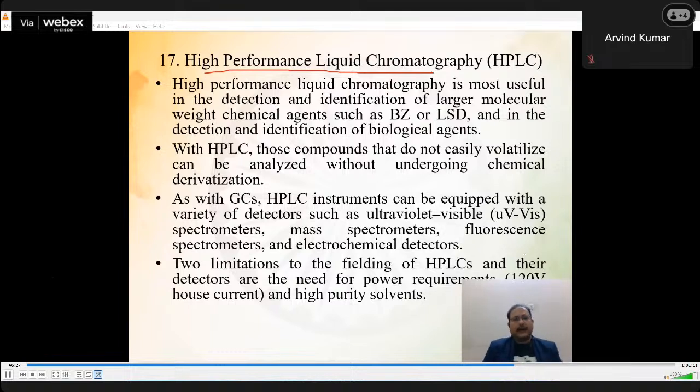With high performance liquid chromatography, those compounds that are not easily volatile can be analyzed without undergoing chemical derivatization. Like gas chromatographs, HPLC instruments can be equipped with a variety of detectors such as ultraviolet visible spectrometers, mass spectrometers, fluorescence spectrometers, and electrochemical detectors.